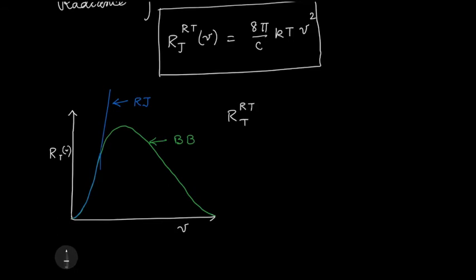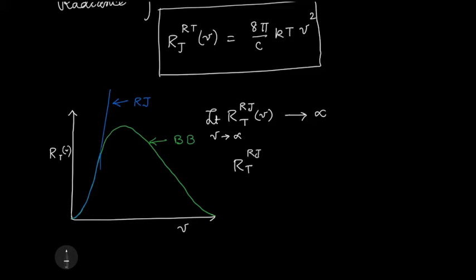And as you can see, it is clear from both the plot and the expression here, this quantity as nu tends to infinity goes to infinity because it's proportional to nu squared.